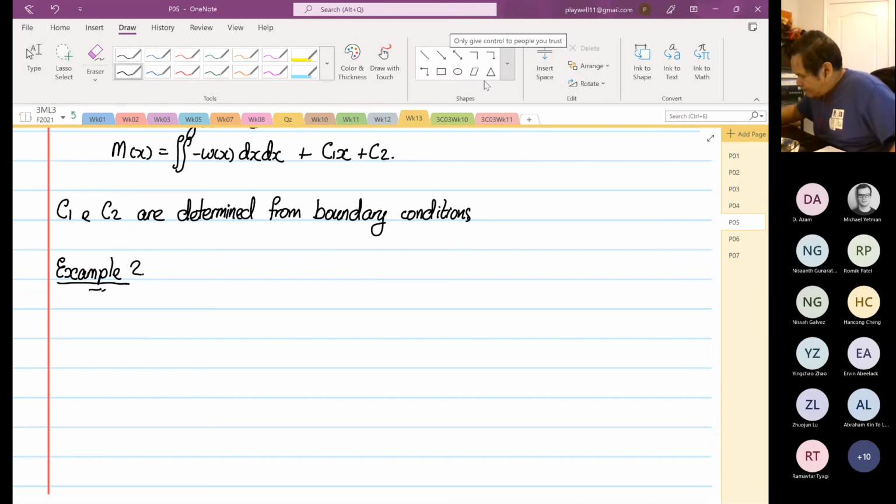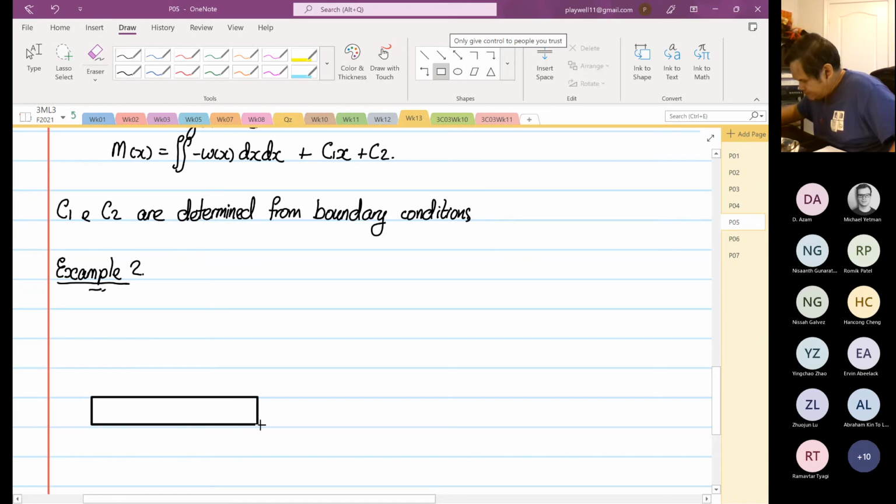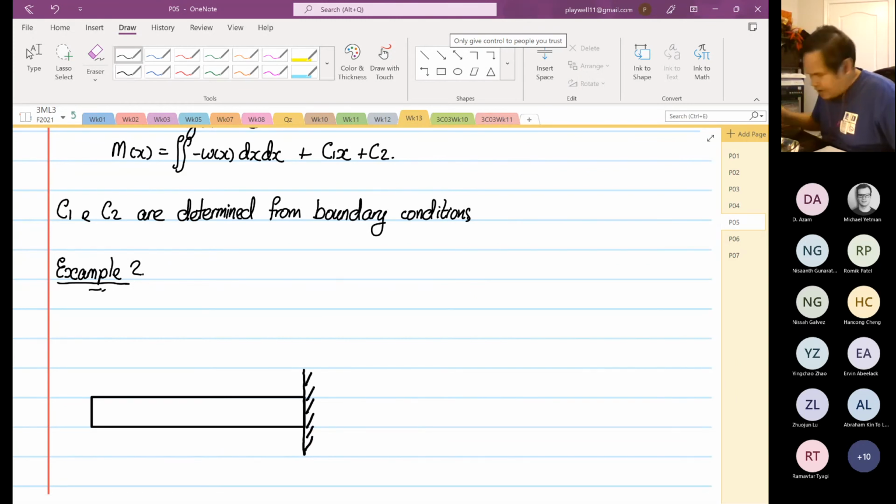So we have a beam. As I said, this is a cantilever beam. Then we have a distributed load, a gradient distributed load.